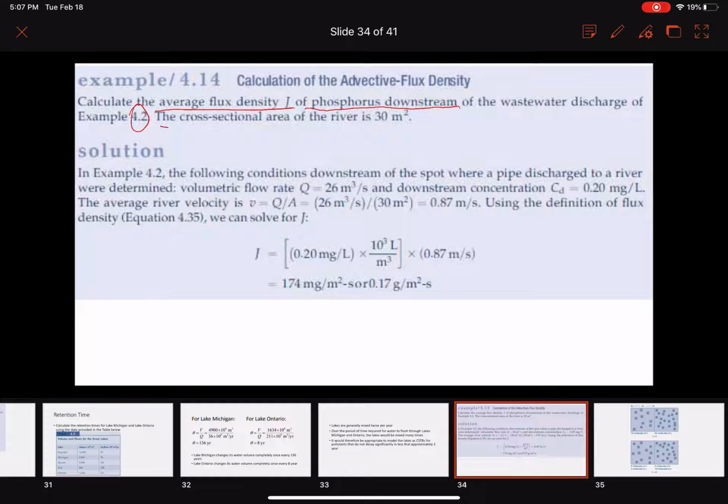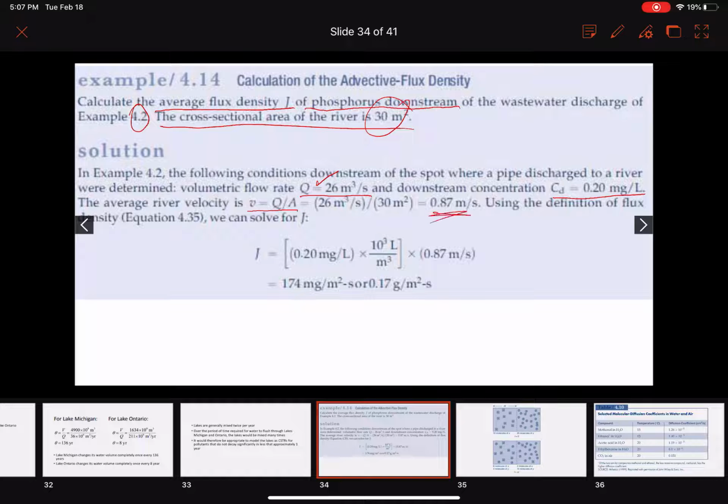Of course, the cross-sectional area of the river is 30 square meters. And in example 4.2, you can see that Q is 26 meter cube per second, and the downstream concentration is 0.2 milligram per liter. The average river velocity is Q over A. You have Q, and you have the area of the river. So the velocity is 0.8.